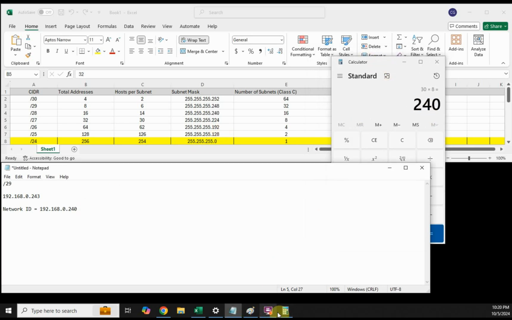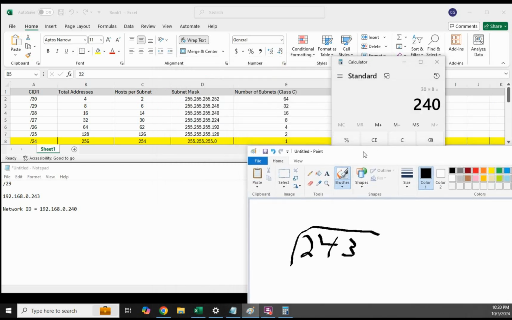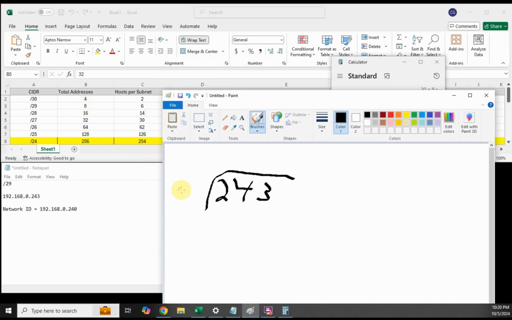All right, so let's do the math way. Let's go back to Paint again, and we'll do 243. Right? And since it's a /29, we're dividing by 8. So 3 times 8 is 24, which is really, remember, 240. So we keep the 240.